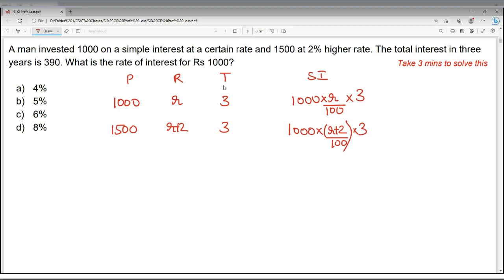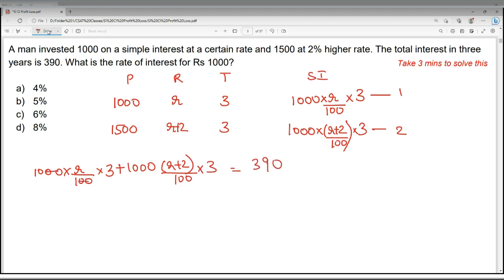The total interest in 3 years is 390. So the total interest means this plus this, 1 plus 2, that is 390. So we have 1,000 into R by 100 into 3 plus 1,000 into R plus 2 by 100 into 3, equal to 390.